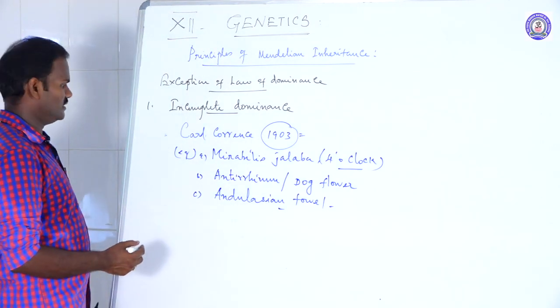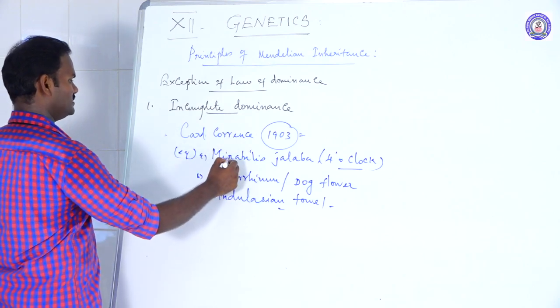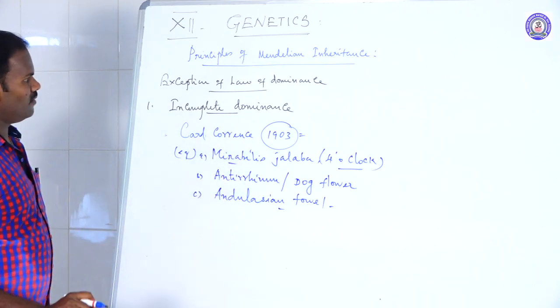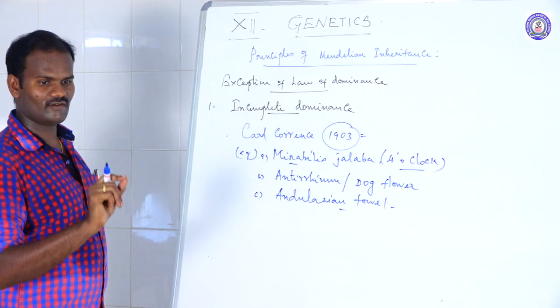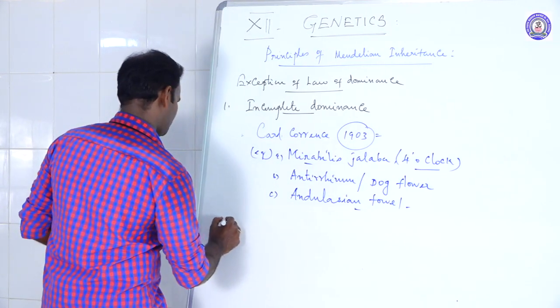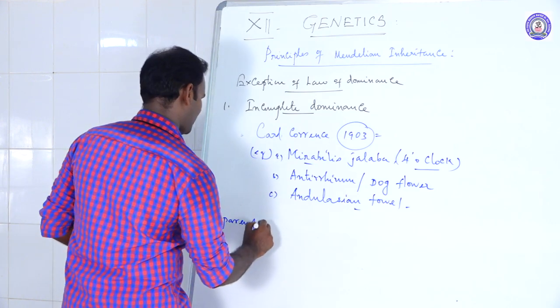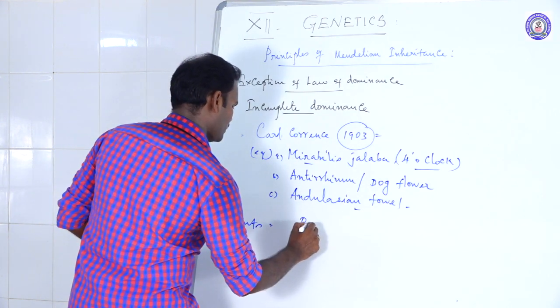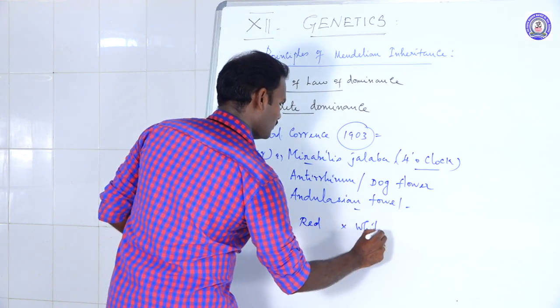Let us consider another example, Mirabilis jalapa. In Mirabilis jalapa, there are two flower colors in the pure state. For the parental characters, a red flower is crossed with a white flower.